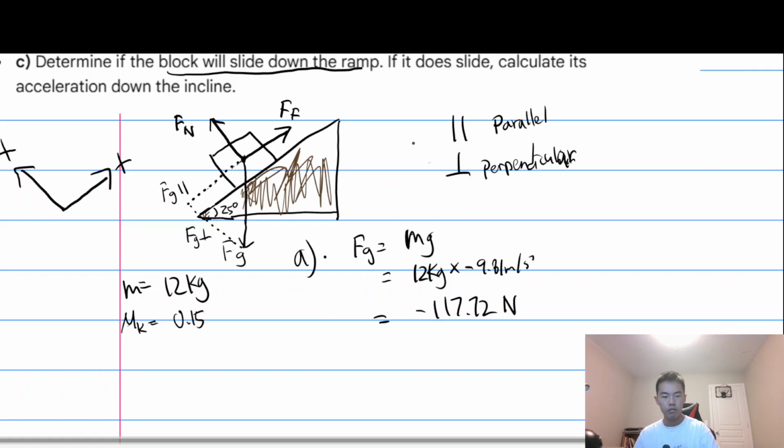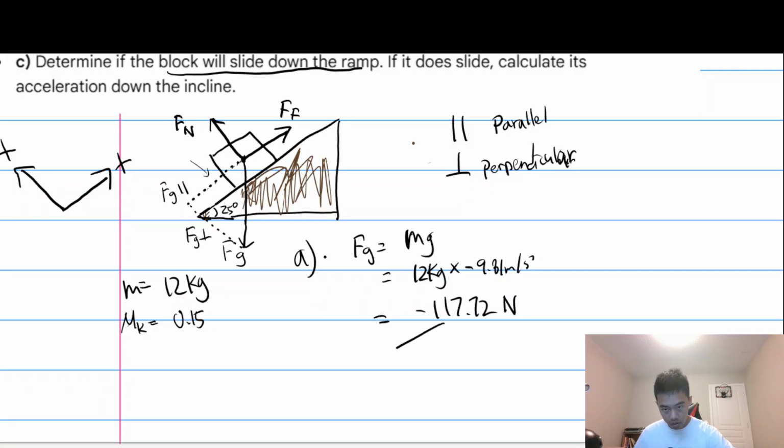Now if we want to find the parallel component, we should notice that this is a triangle. This part is a triangle. And if we look at triangles, there's a smaller angle, I would say 25 degrees looks more like this.